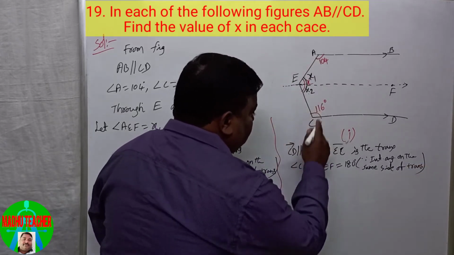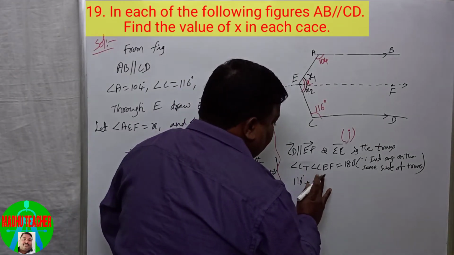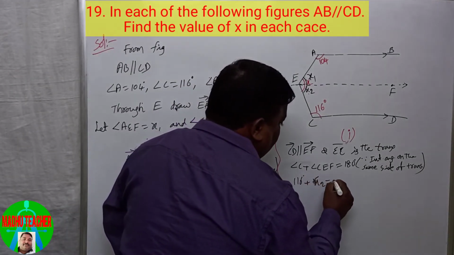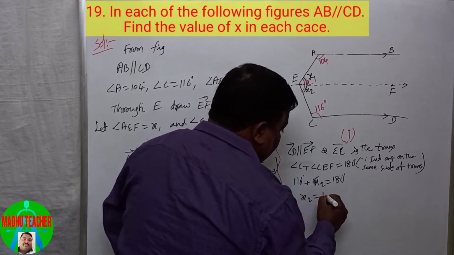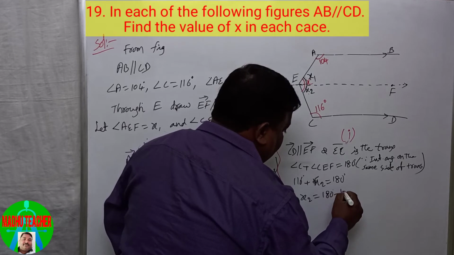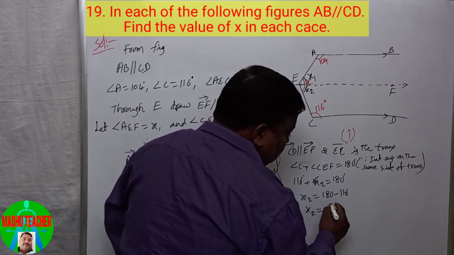So angle C is 116 plus CEF, which is x2, equal to 180 degrees. So x2 equals 180 minus 116. x2 equals how much?